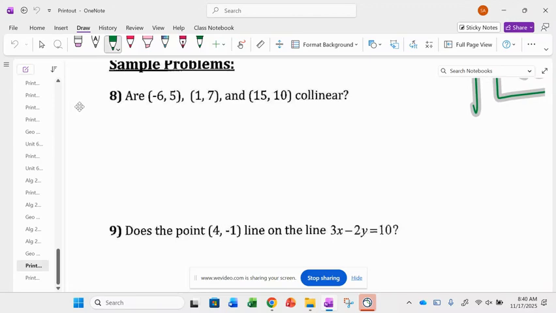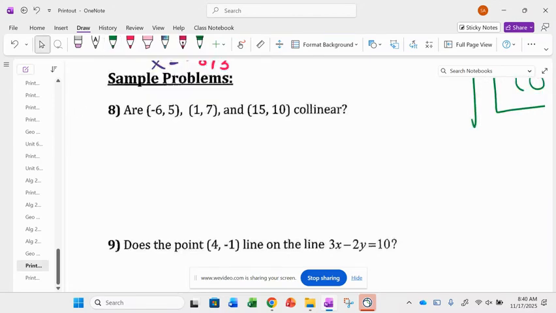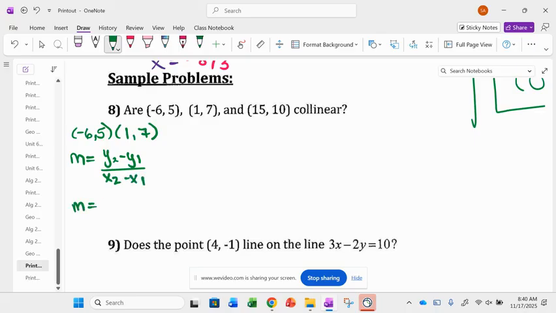So I'm going to start by checking -6, 5, and 1, 7. And remember, our slope when we're given 2 points is y2 minus y1 over x2 minus x1. I'm going to call this x1, y1, x2, y2.